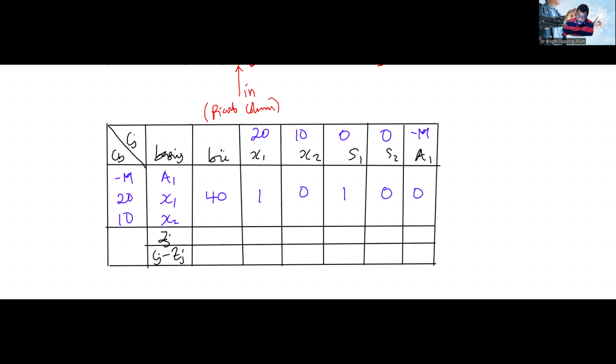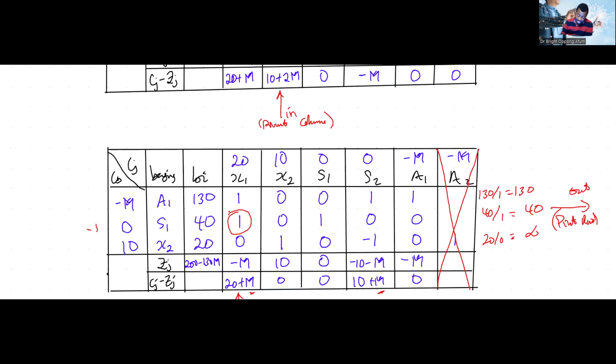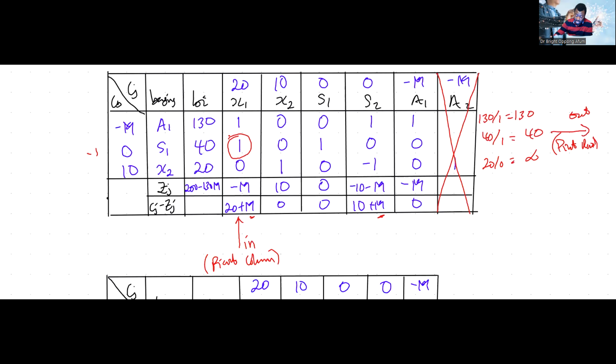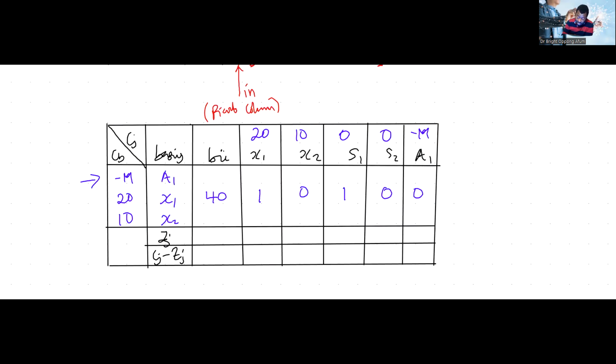So for us to recalculate for A1, the first constraint, it is actually 130, and the corresponding number is 1. So that means it will be 130 minus 40, which is 90. The pivot number is 1, and 1 minus 1 is 0.